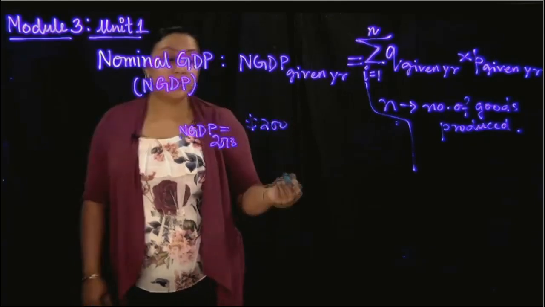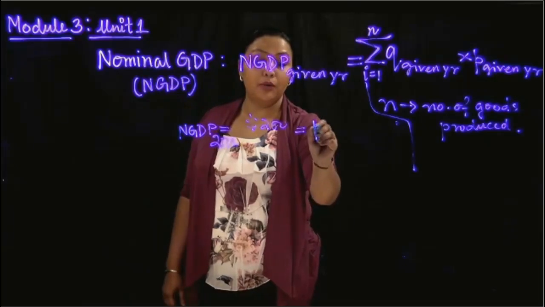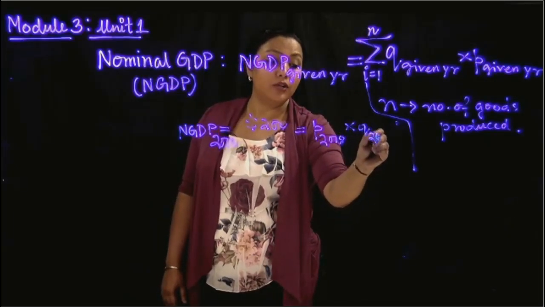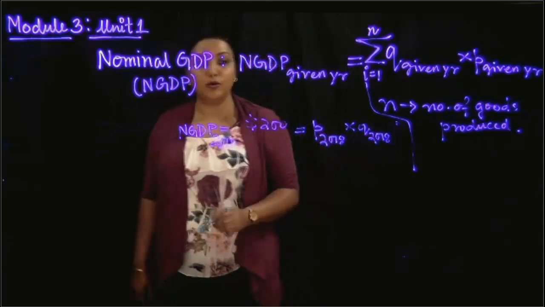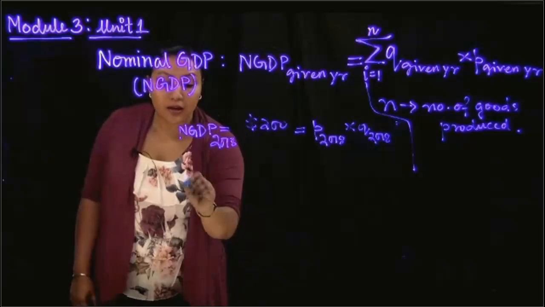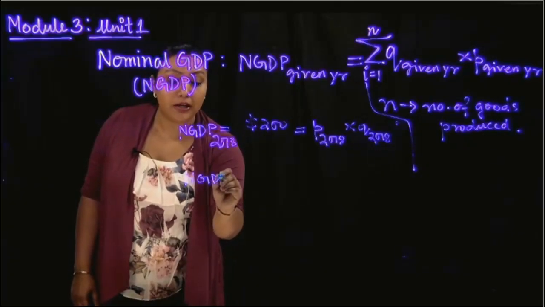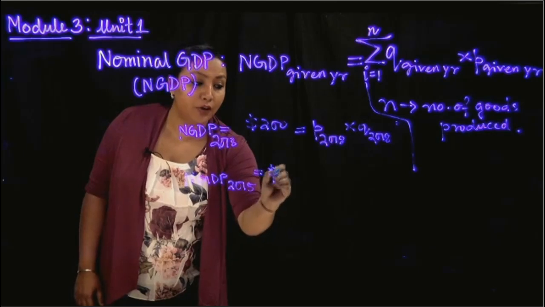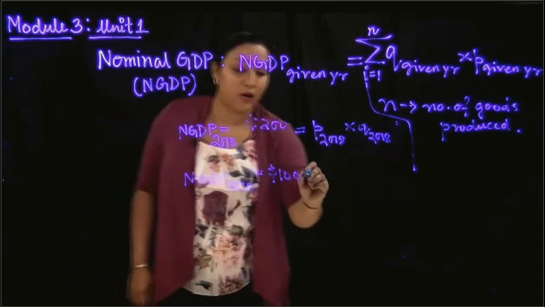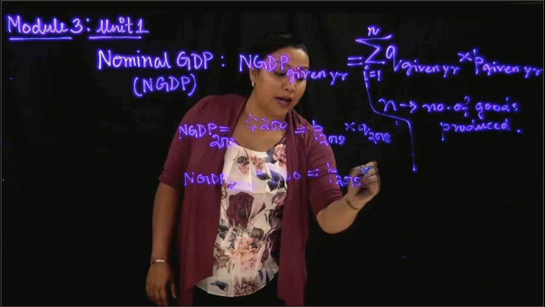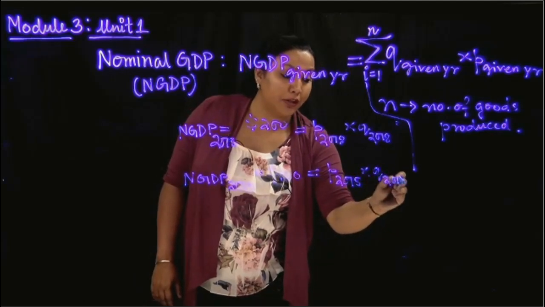Okay, so I basically got this 200 by doing price of 2018 times quantity of 2018 for whatever goods were produced during 2018. I did that for all the goods and I added them up. Say the nominal GDP of 2015 was $100. So what I did here is I did price of 2015 times quantity of 2015.